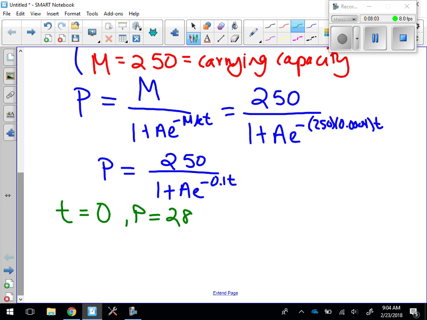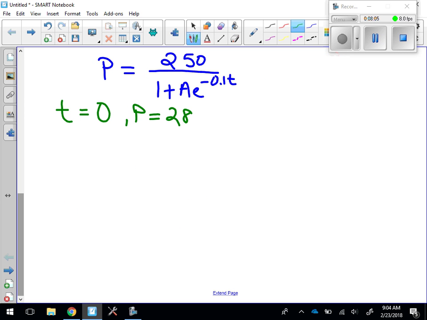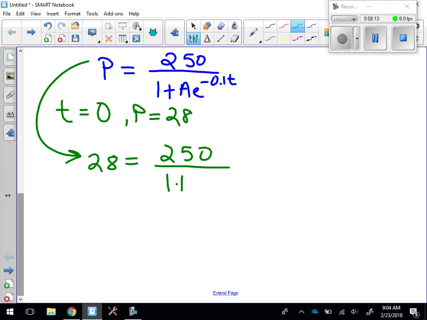So if we substitute that in from our equation up here, that gives us 28. On the other side, we've got 250 over 1 plus A times e to the 0. And we know that e to the 0 is 1.